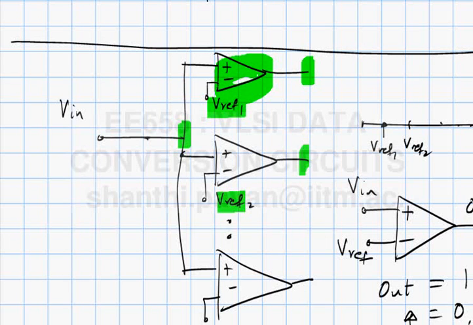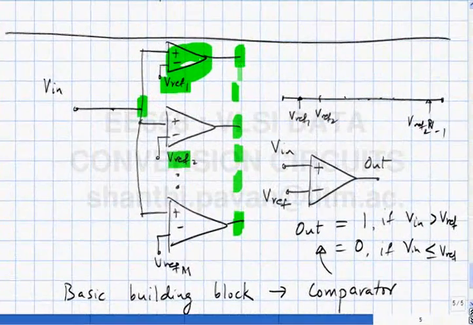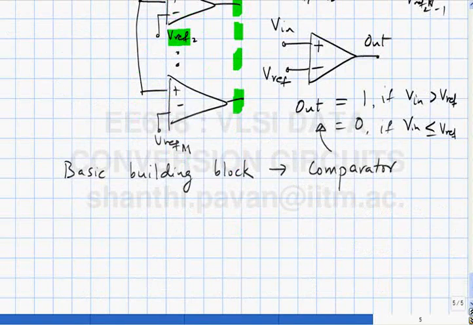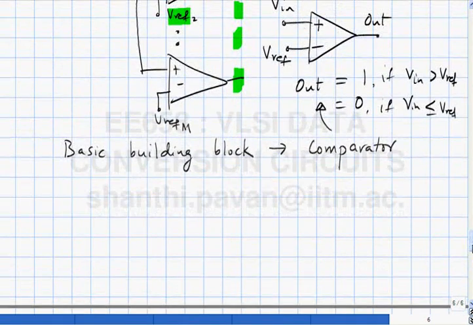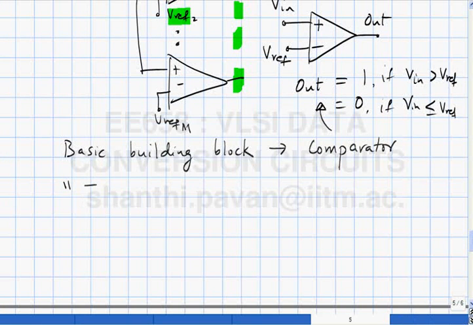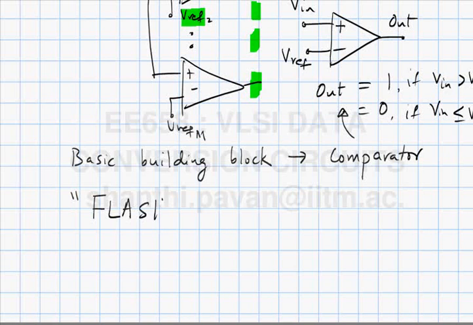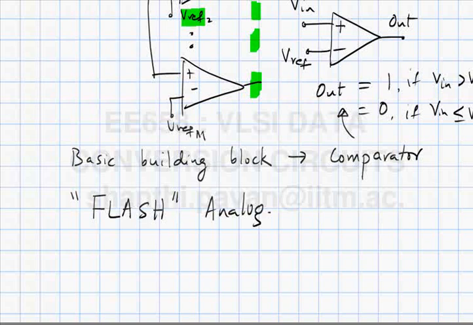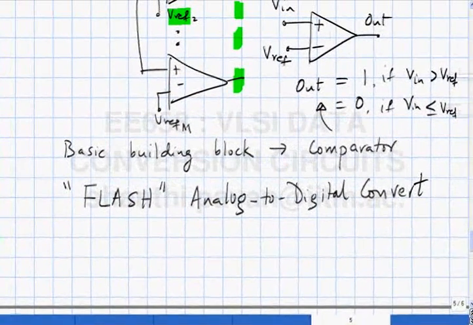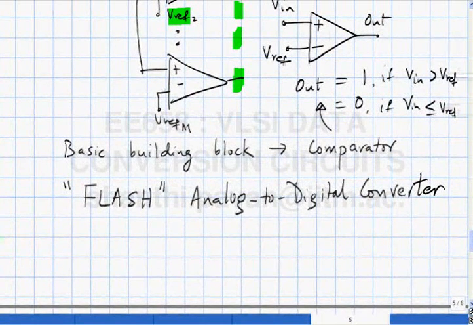Looking at the outputs of these blocks, I should be able to figure out in which bin the input lies. This way of doing A to D conversion is what is called a flash analog to digital converter.